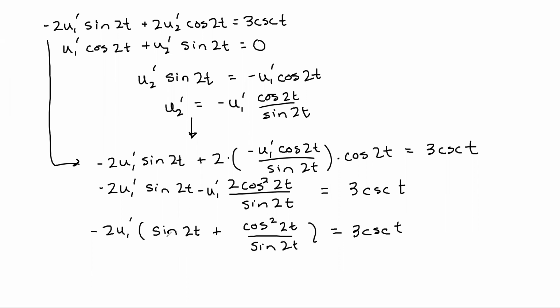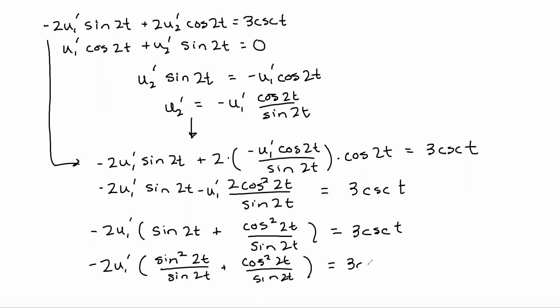And then we can get common denominators here. This is going to be negative 2 u1 prime, and if we do that, we'll have sine squared 2t over sine 2t plus cosine squared over sine equals 3 cosecant of t.